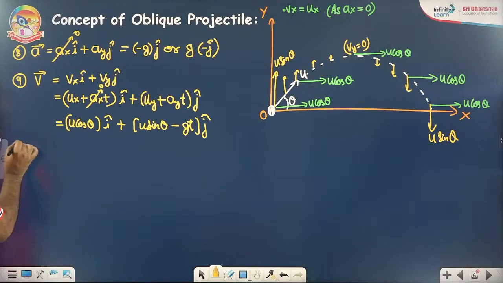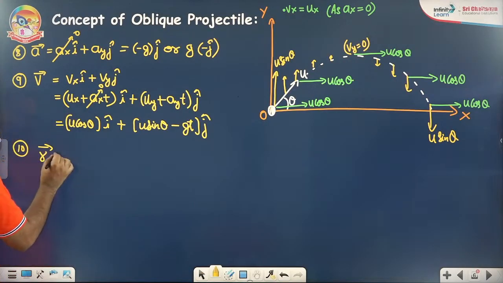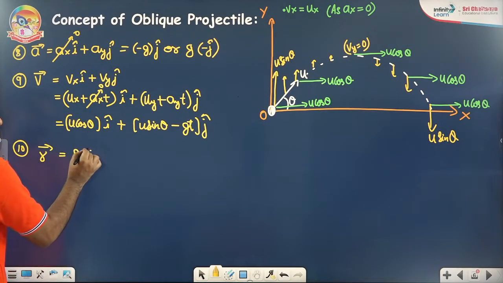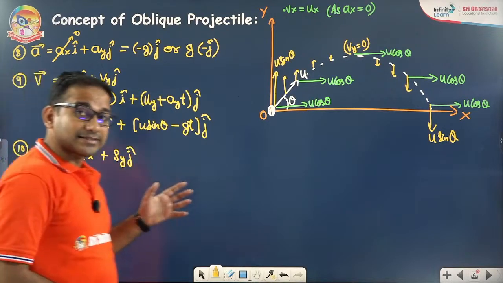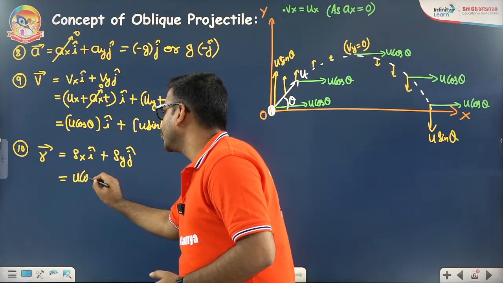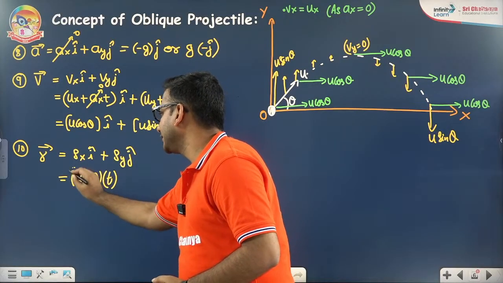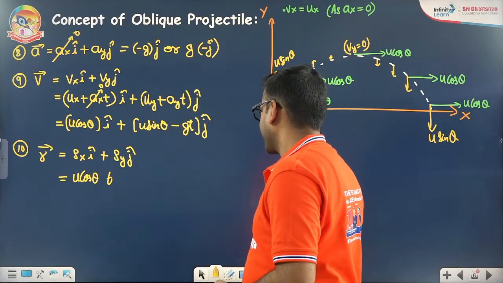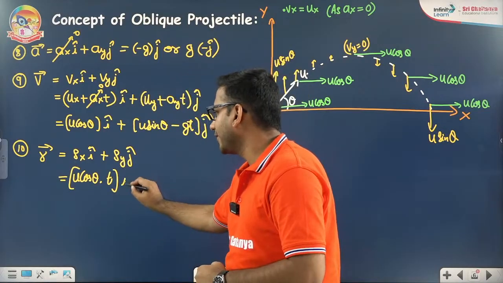And the last thing for today, that is displacement vector or position vector. Suppose you want to write, then this position vector will be sx in i cap plus sy in j cap. As you can see, in x-axis the nature of motion is uniform, so it can be written as u cos theta into t, velocity into time, i cap.